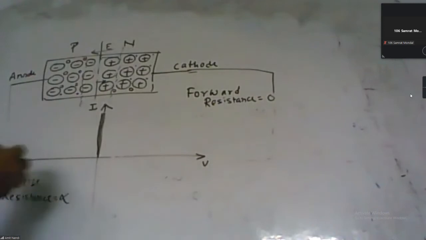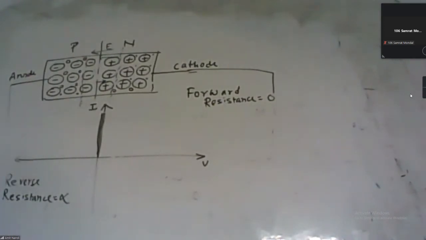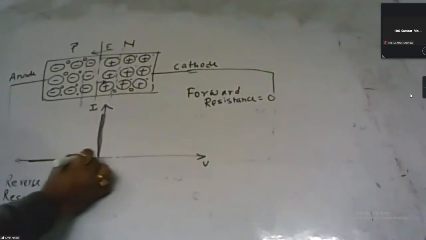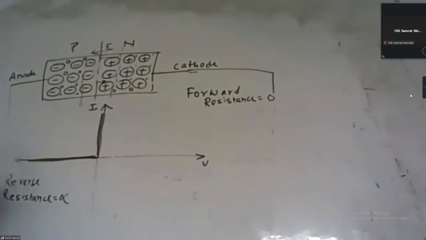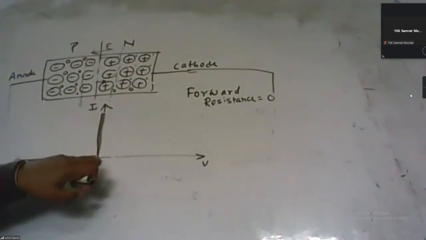So obviously the graph coincides with the negative voltage axis, because any amount of voltage can be developed across the diode, but the current flow is equal to 0. So in this position I is 0.